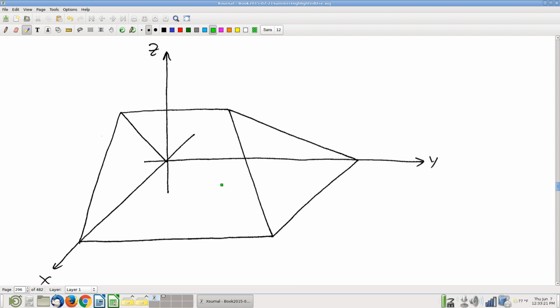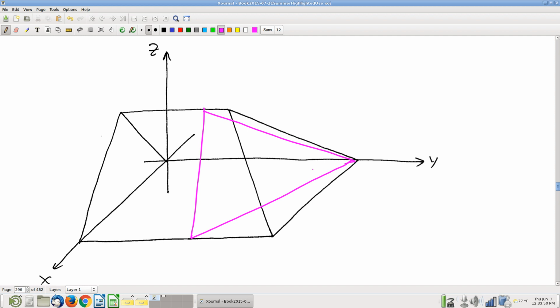But suppose it had been a little different. Suppose that the plane that defined that edge had been tilted a little bit. Let me redraw this.